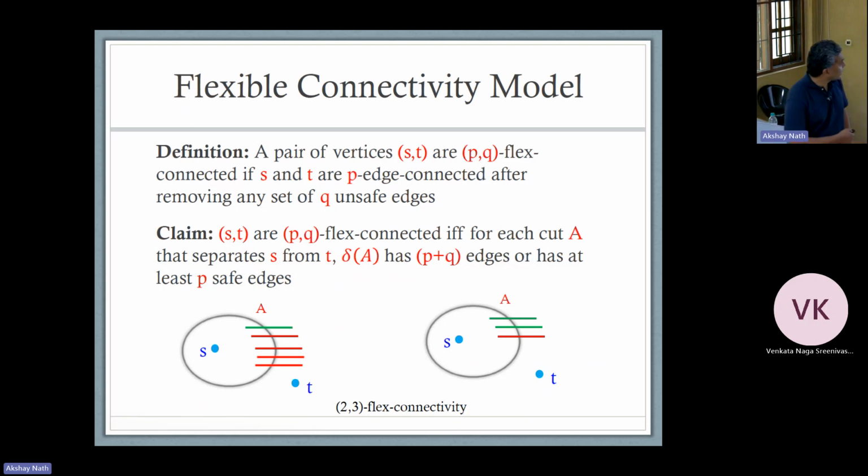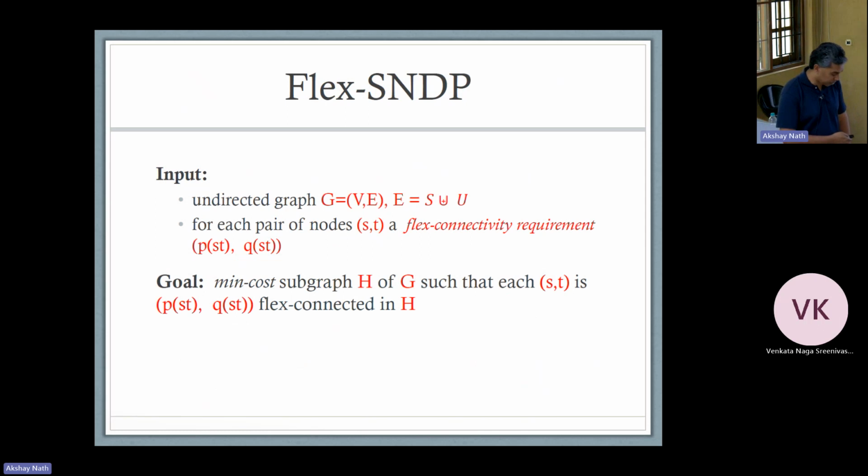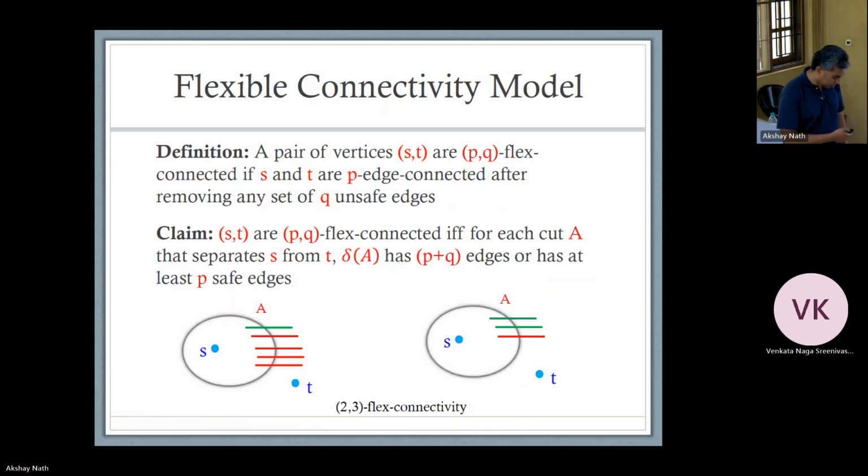The claim is that s and t are (p,q)-flex connected if and only if, for any cut that separates s from t, either you have p plus q edges on the cut, where the color doesn't matter, or you have at least p safe edges.